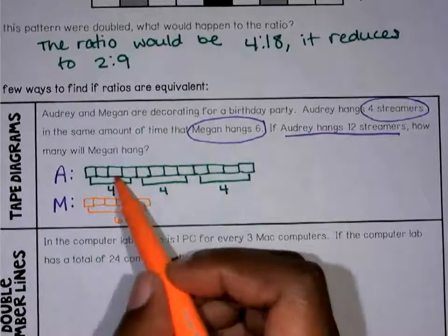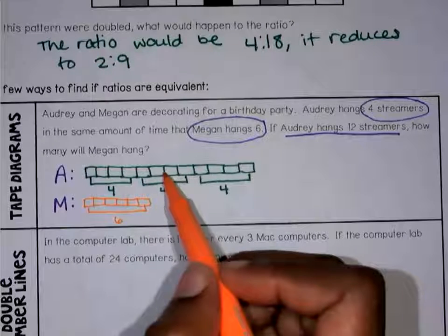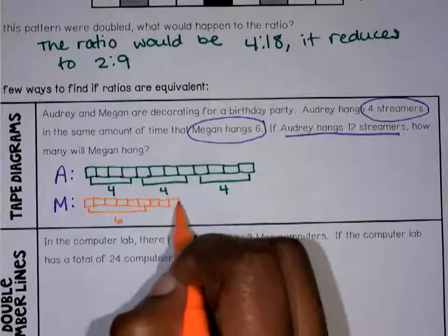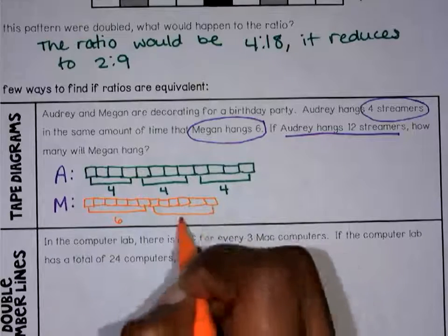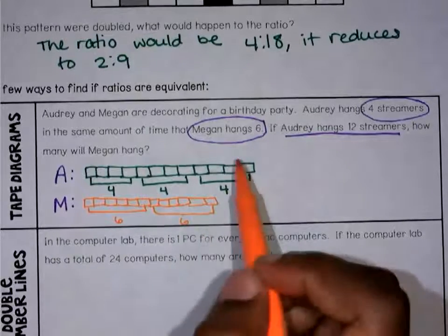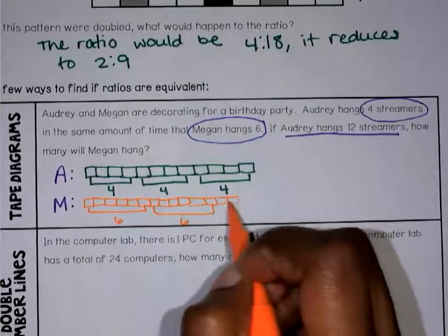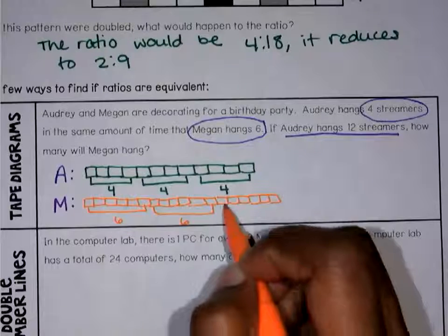So when Audrey made her 4 streamers, at the same time, Megan made 6. So this time when she started her 4, you're going to add another 6. 1, 2, 3, 4, 5, 6. That's another 6. And Audrey hung another 4, which means Megan hung another 6. 1, 2, 3, 4, 5, 6.